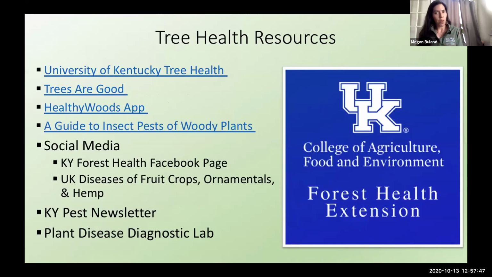There are a number of good resources available through UK and through other sources as well to help you with the health of your trees, help teach you about what you can do to keep your trees healthy, about how to plant trees correctly. There are so many excellent resources out there, and these are some that I highly recommend.